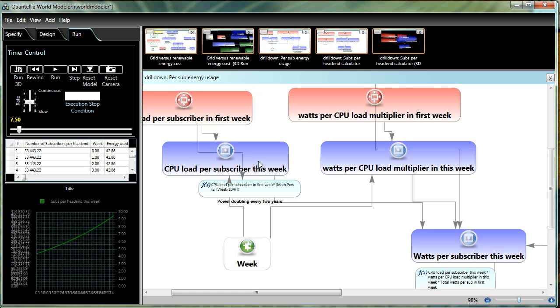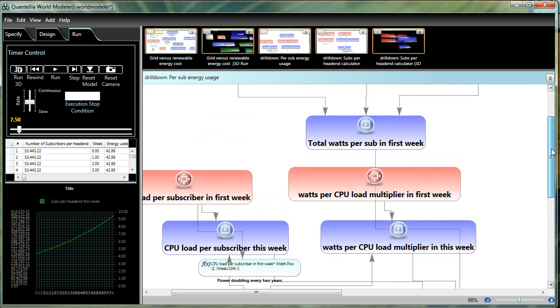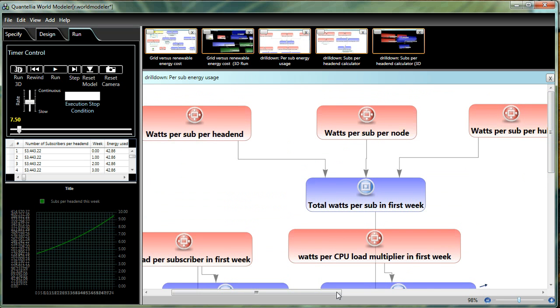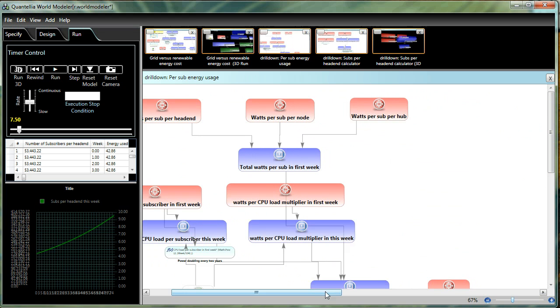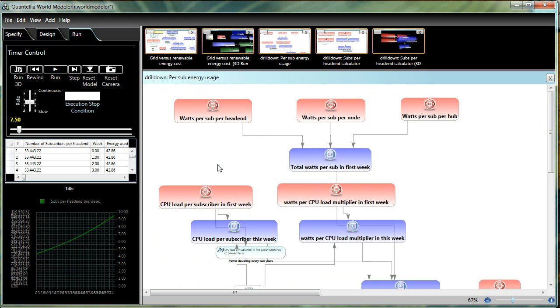So these 4 boxes here just are going to capture those kind of countervailing factors that work against each other. And what they do is they're multipliers on kind of some basic rates that we have here. In particular, each subscriber's service is going to impact equipment at the head end, but also at the node and at the hub.